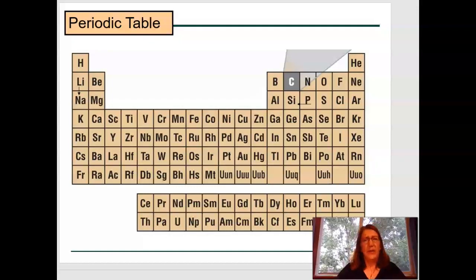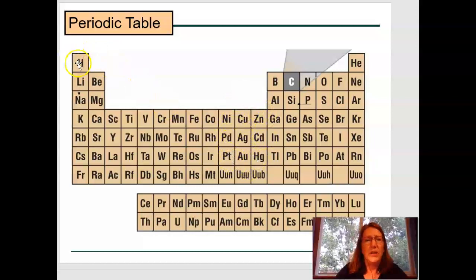Here is our periodic table. So in this class, I'm hoping you can see my cursor, we're pretty much going to be looking at these first 4 rows. If you are a business major, you might like these elements because this is our money. We've got copper, we've got silver, and we've got gold right here.